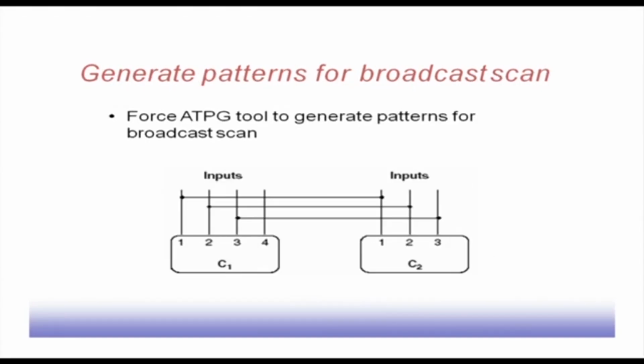Now, some ATPG tools allow you to do this operation. Even if you do not have two different circuits, you can constrain the ATPG to tell it that certain primary inputs will get the same values. That also serves our purpose.